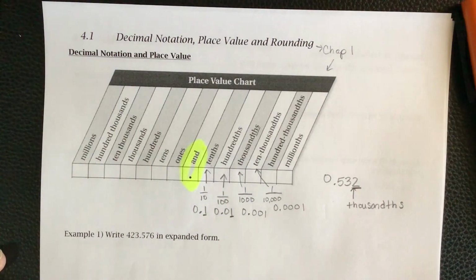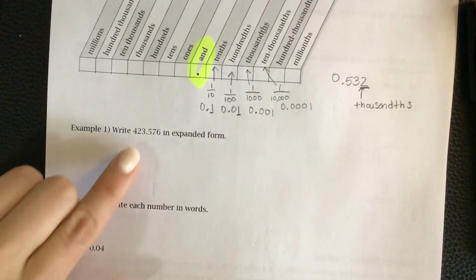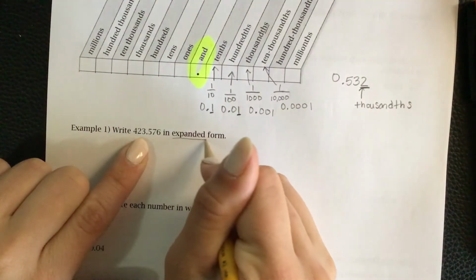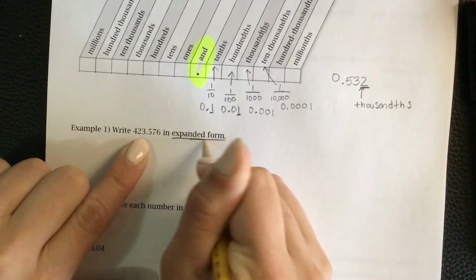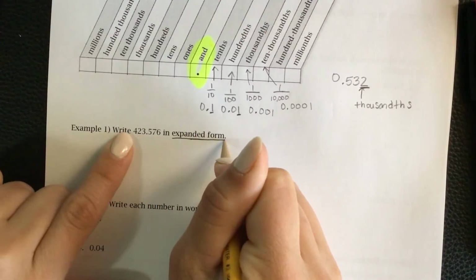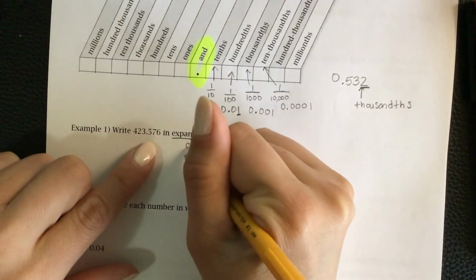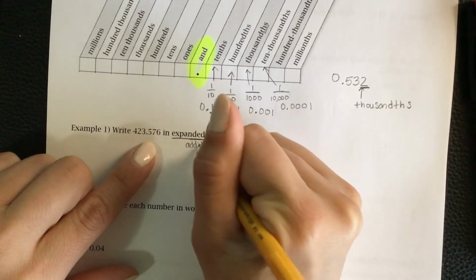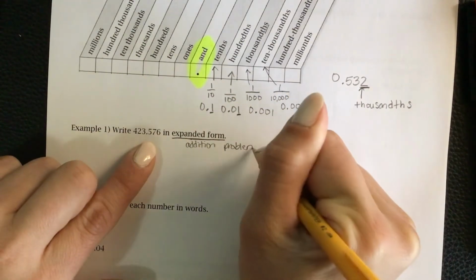There are a couple of different ways that I'm going to ask you to represent numbers. Let's look at the first one. Expanded form. This again is from chapter 1. When we're looking at expanded form, I'm asking you to take the number and break it up into an addition problem. So each one has its own value.